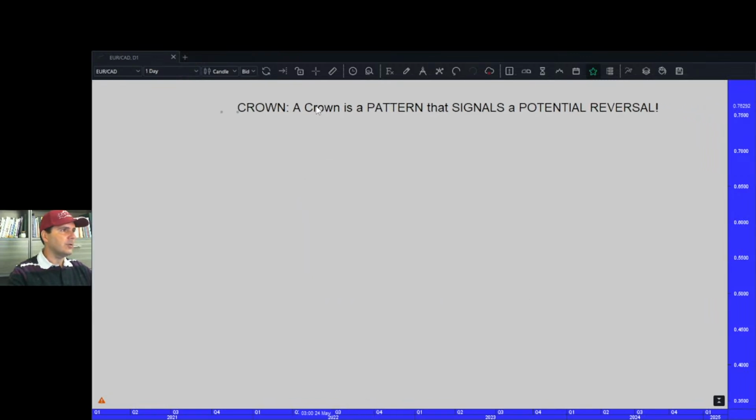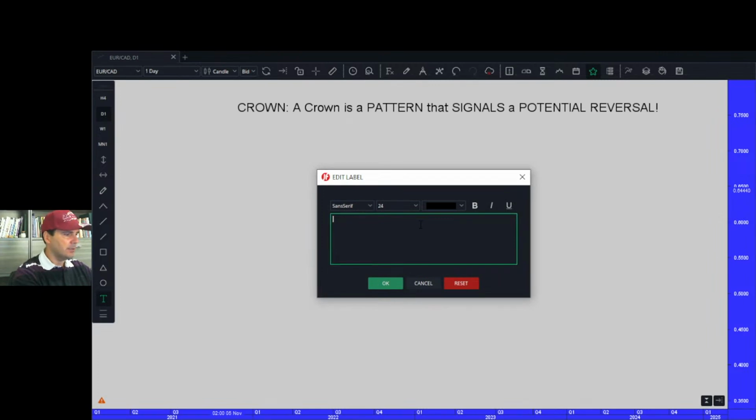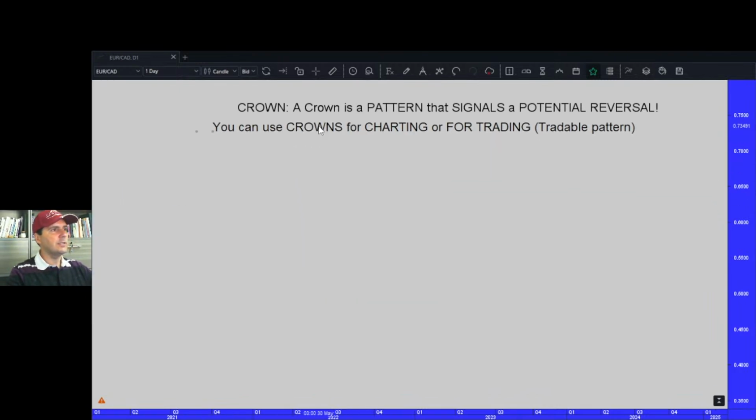A crown is a pattern that signals a potential reversal. You can use crowns for charting or for trading. It's a tradable pattern.